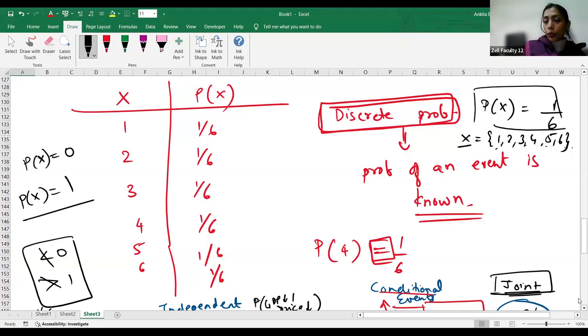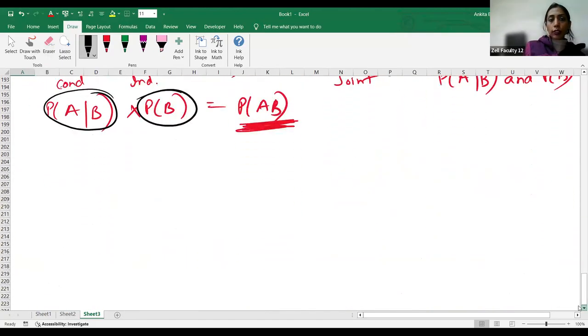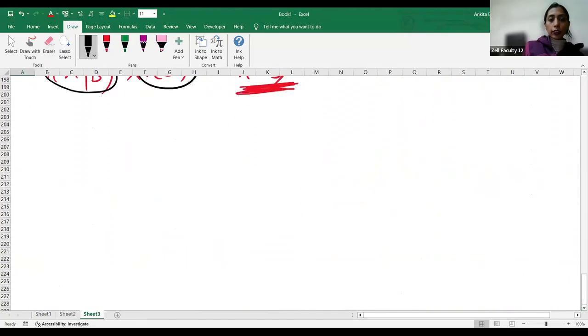Now I could also write the probability as another type of function. Let's say I give you this function: probability of x is equal to x by 21. This is the probability function for a 6-sided dice. So what is the probability of getting 1?